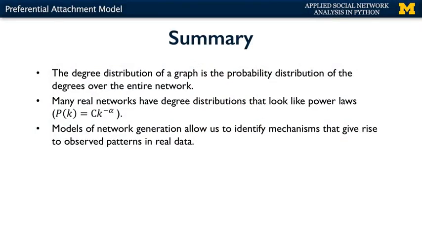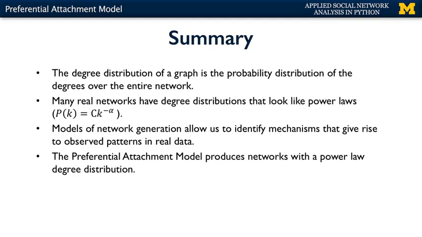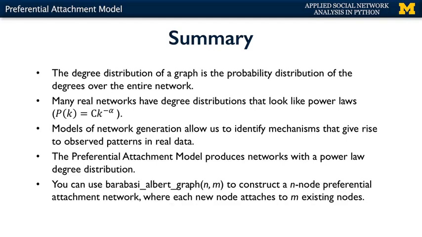In this case, we observed that many real networks tend to have this power law degree distribution. And then we covered a model that gives rise to this particular property, which gives us some insight into the kinds of things that could be giving rise to these properties in real networks. In this case, it was the preferential attachment model that produces networks with power law degree distribution.